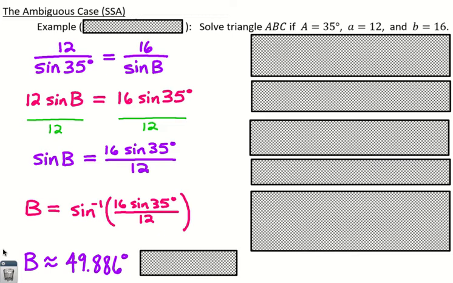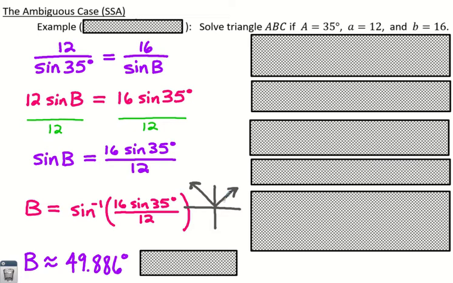But you have to train yourself to remember, this should be burned into your brain, I hope, that there's going to be, technically, an infinite number of answers, but we only care about, between 0 and 360, a quadrant 1 answer between 0 and 90, and a quadrant 2 answer between 90 and 180.